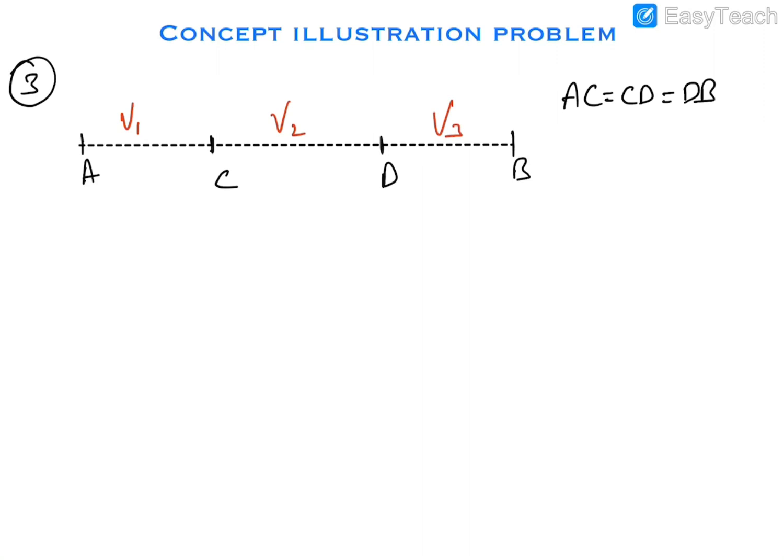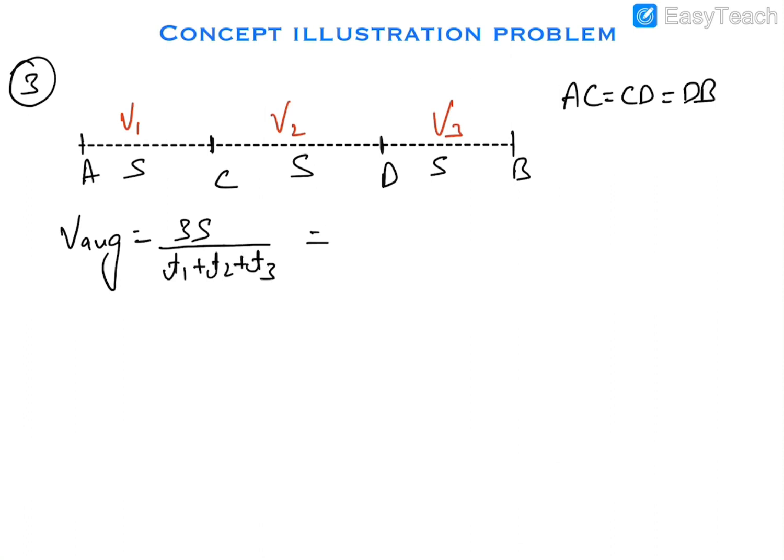Okay. So let us write down the average velocity. So V average would be equal to, let us suppose that this is S and this is S and this is S. So the total distance would be 3S, and the time taken would be T1 plus T2 plus T3. Now this is 3S by (T1 plus T2 plus T3).